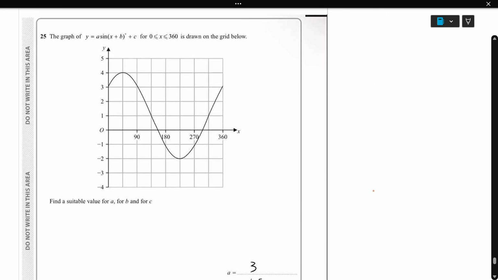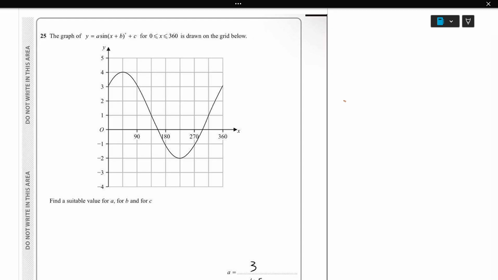Next, question 25. The graph of y equal to a sine x plus b, plus c. Here it is easy to find a. A is the amplitude, so we write maximum minus minimum by 2. The maximum is 4 and the minimum is negative 2. So 4 minus of minus 2 by 2, which is 4 plus 2 by 2, which is 6 by 2, which is equal to 3.